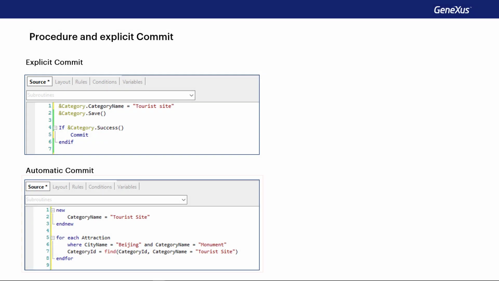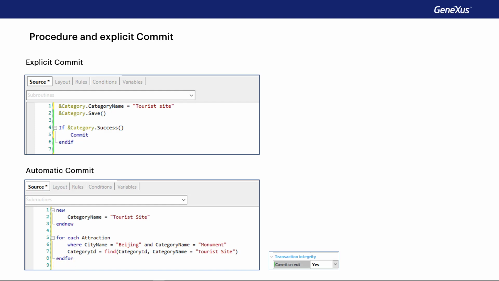In this case, where the new command is being used to insert a category and the for each is being used to update the category ID attribute of the table associated with the attraction transaction, since the commit on exit property is set to yes, Genexus will automatically write the commit in the generated program at the end of the code.